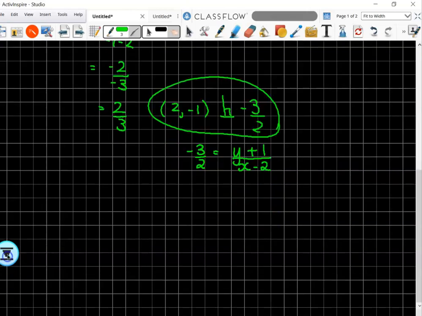We can do this. All we have to do is cross multiply, they all say at once. And notice I've given the negative to just one of the 3 or the 2. Don't give it to both, otherwise you're making it positive. So minus 3 x take 2 equals 2 y plus 1.